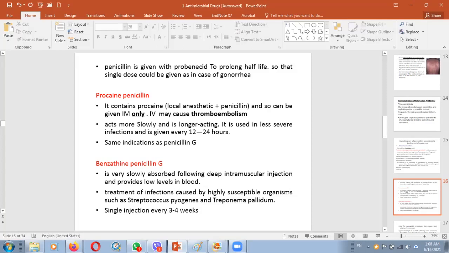It's used in treatment of infections caused by highly susceptible organisms such as Streptococcus pyogenes and Treponema pallidum. عادة اكو بعض الأطفال يصير لهم يعني chronic tonsillitis، السنة كلها يشكي إنه عنده sore throat or inflamed tonsil, and thus this is a candidate, and we should consider giving benzathine penicillin G, which a single injection can last for 3 to 4 weeks. ممكن يشتغل الدواء for 3 to 4 weeks.